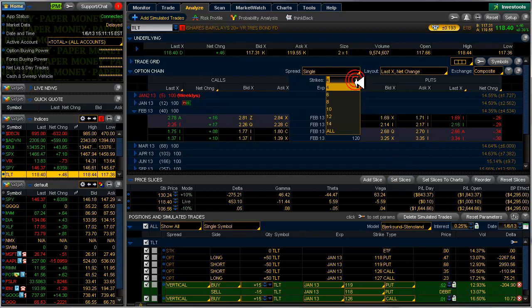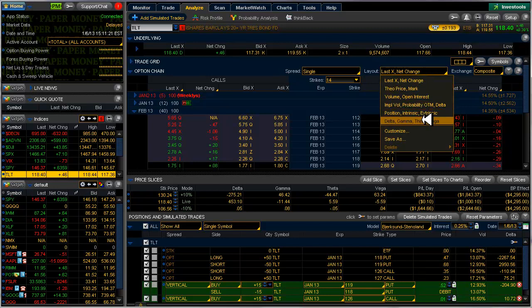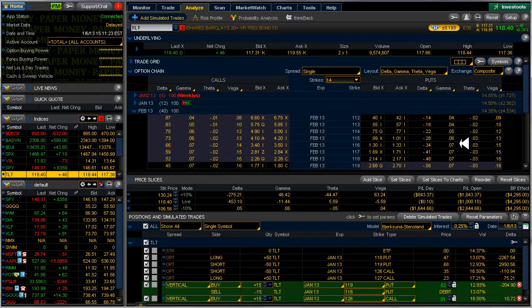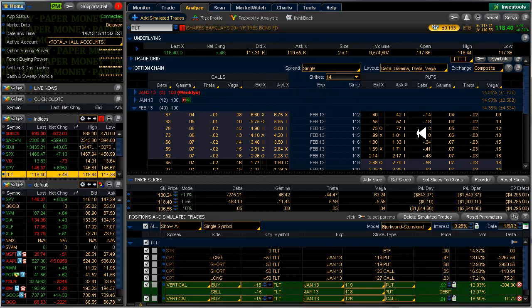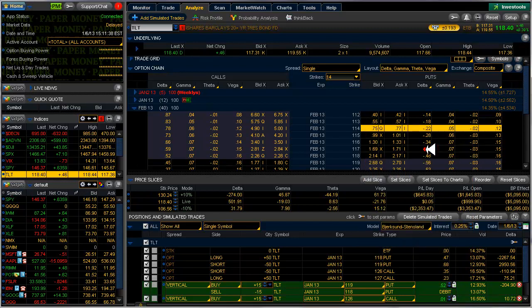We want to do maybe 14 strikes, and I want to see delta, so we'll select delta. What I'm looking for is something with a delta in the lower 20s for my short strike. So we right click on that and say sell a vertical, and that's on the put side.